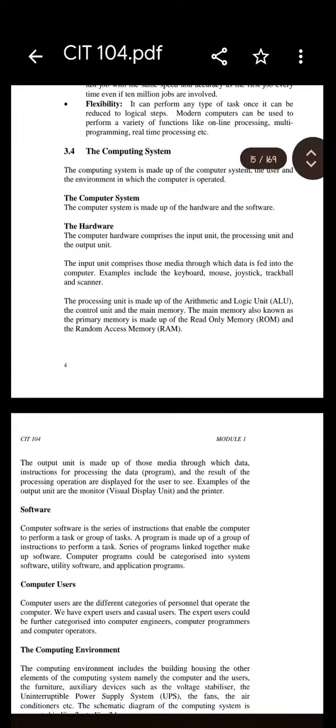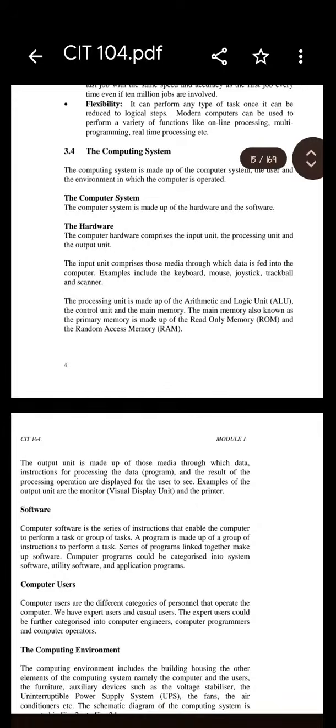We use the mouse to click any section we want to click. That click is sending a signal to the computer. So any device that sends signal to the computer system, to the processing unit, is called the input device. Please note that, very important.